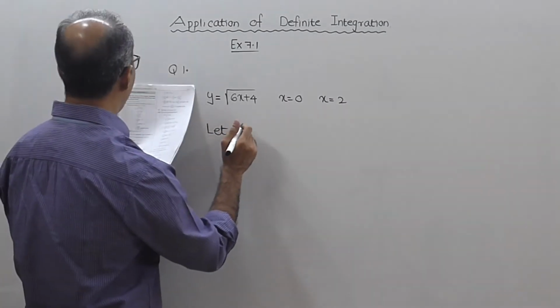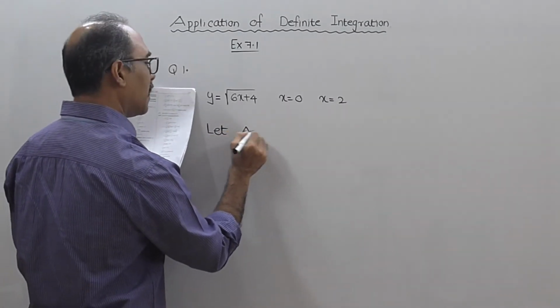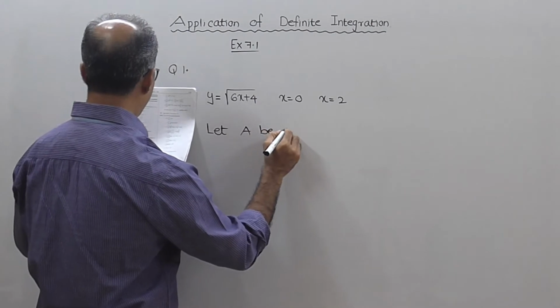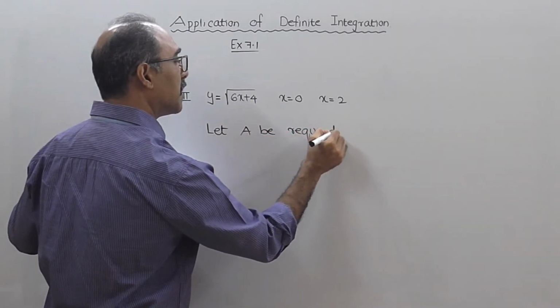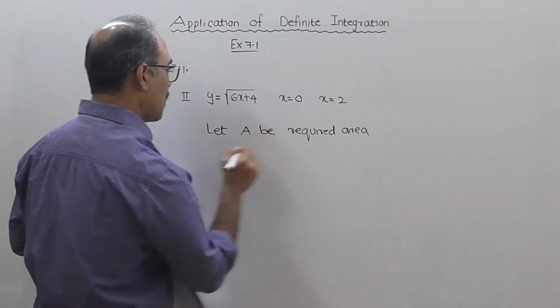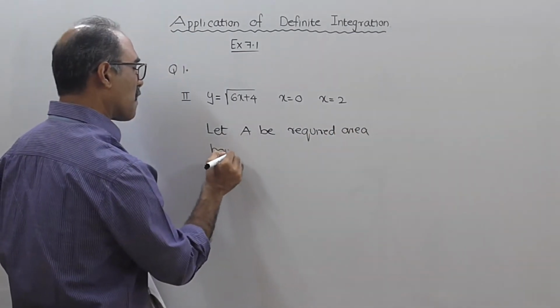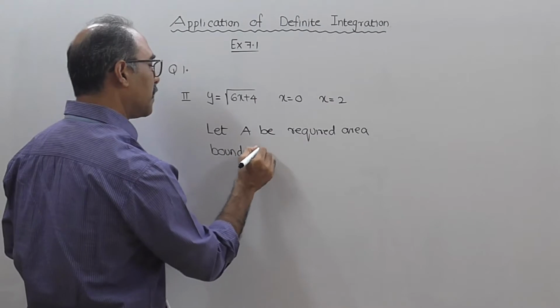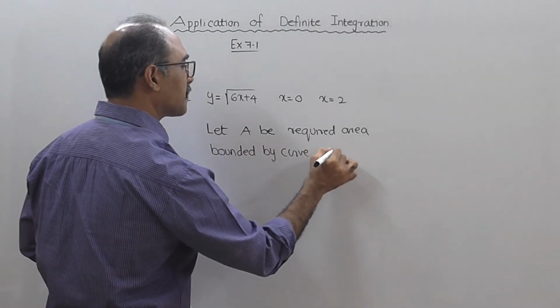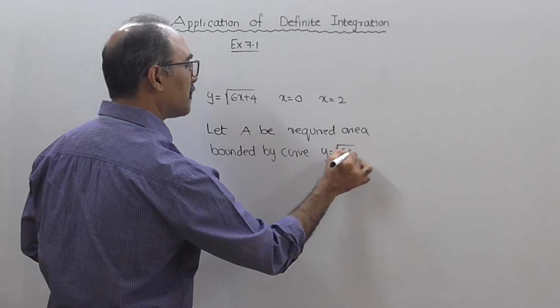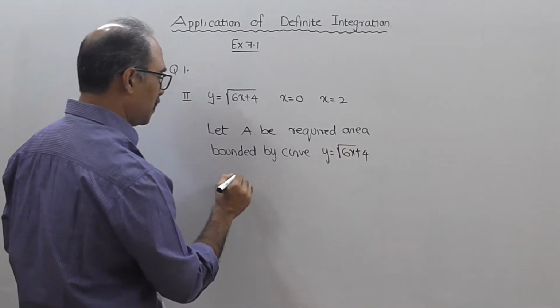We can say that let A be the required area bounded by the curve y equal to root of 6x plus 4.